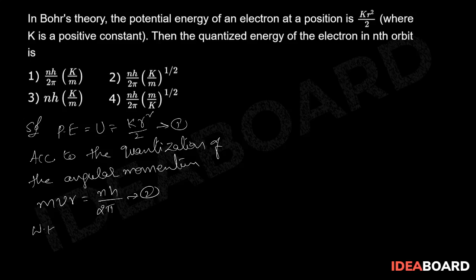Dear students, we know that to revolve the electron around the nucleus, it requires some centripetal force. Here that centripetal force we can simply write as minus dU by dr, which equals minus d by dr of kr square by 2.